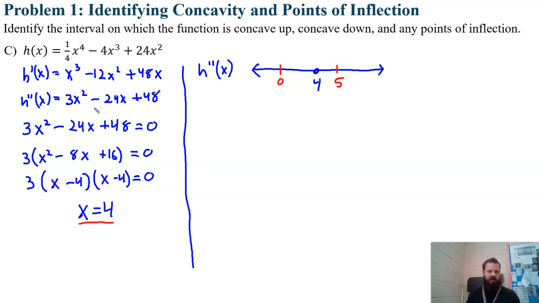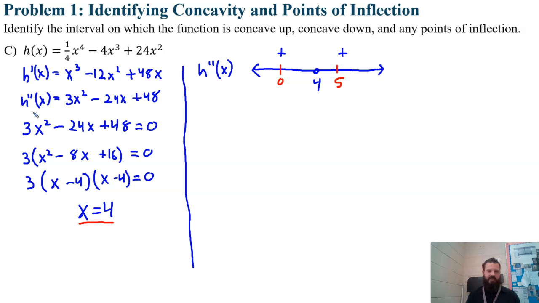If I plug a 0 into this function, we'll get a 48, which is positive. If I plugged a 5 in, what would we have? Well, we'd have a 48 plus a 75 minus a 73. I'm not going to do that math in my head, but I know that's positive as well.